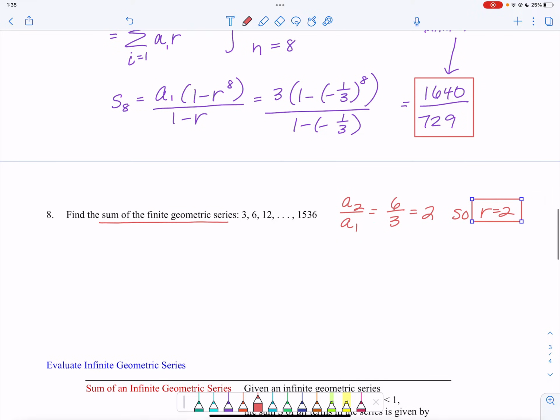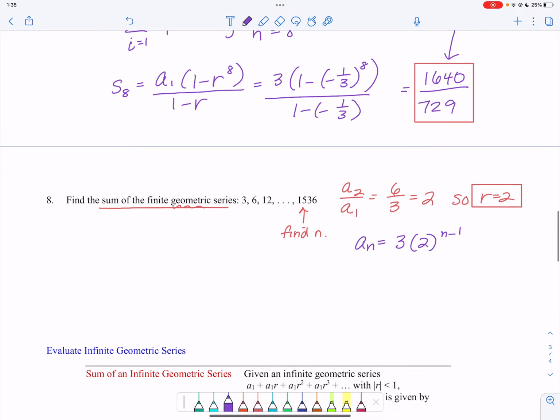And we were told that this was geometric, so we could just make that ratio between the first two terms. So now we don't know what term this is. Here we have to find n. So in order to do that, keep in mind that we have a sub n equals a sub 1, times our ratio to the n minus 1 power.